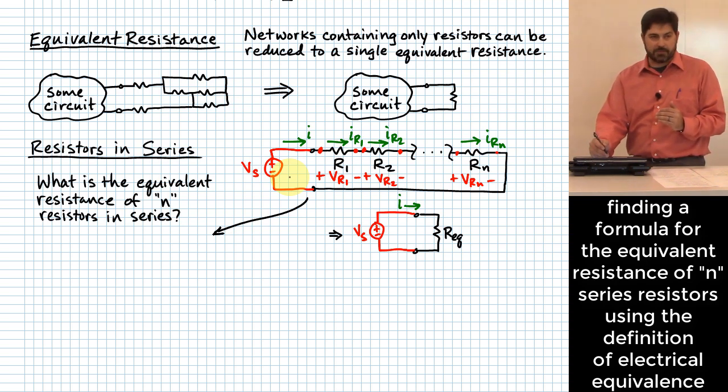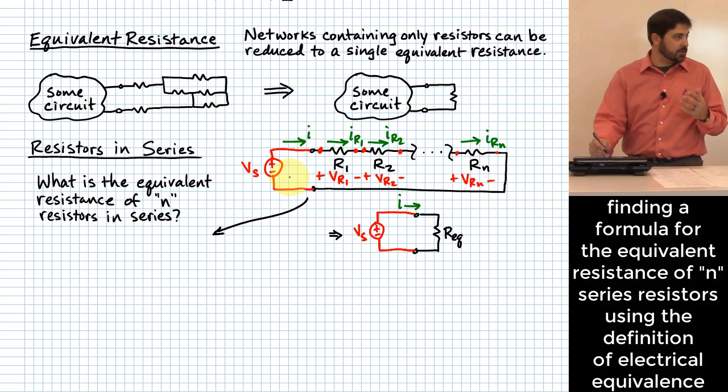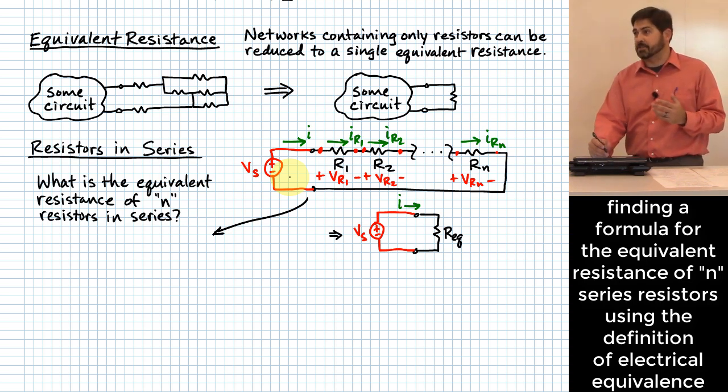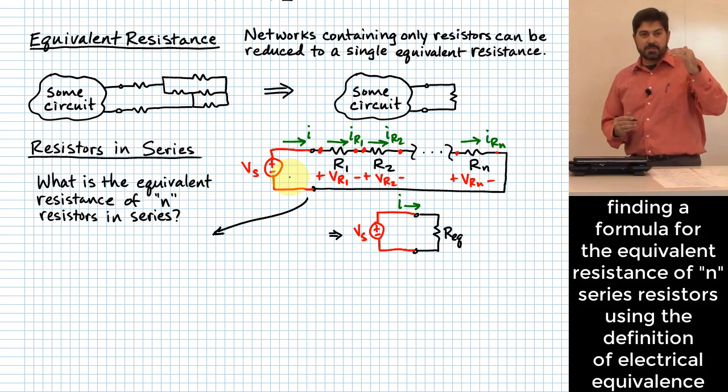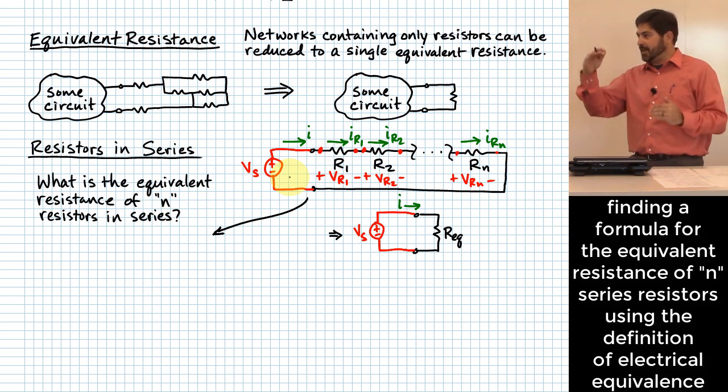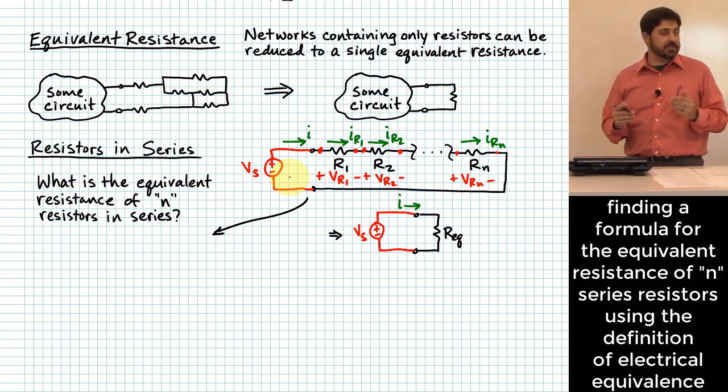We have to choose which direction we're going to take to be positive whenever we do a Kirchhoff's voltage law analysis. So an increase, let's take that to be negative, and a decrease, positive. Why? Because I chose it. It doesn't really matter which way we do it as long as we're consistent.